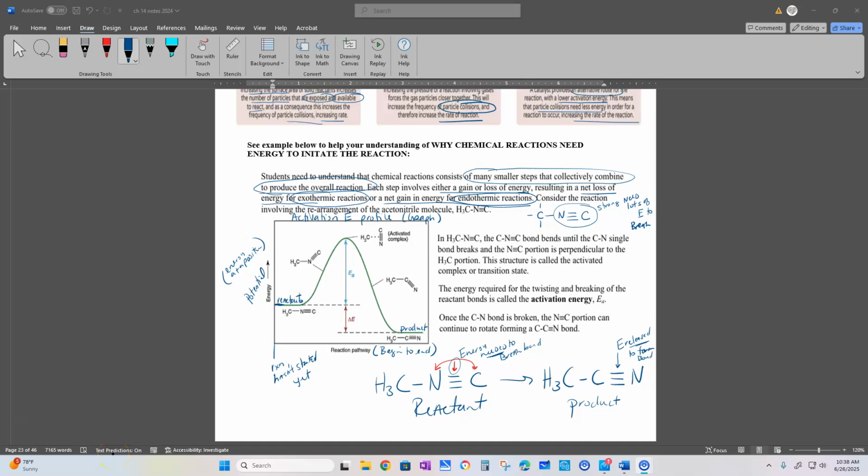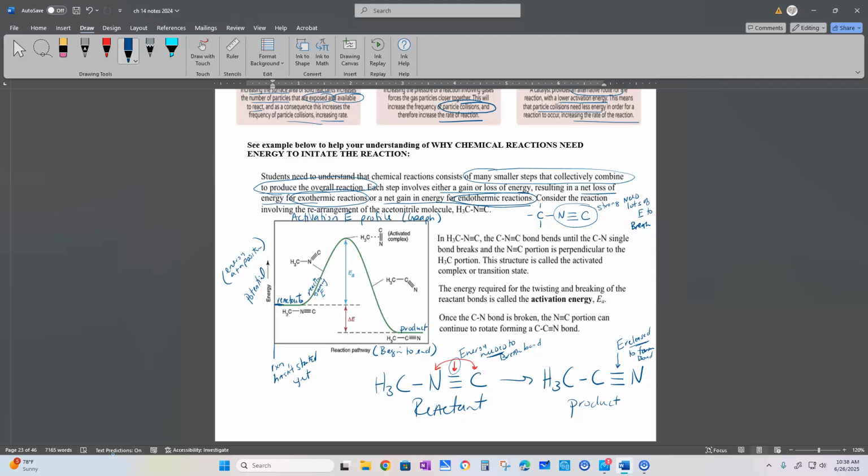But then, remember how we talked about needing energy to get the reaction going. So you start to see an increase in energy. The reaction is gaining energy, but you haven't really done anything yet. You just need energy to get it going.